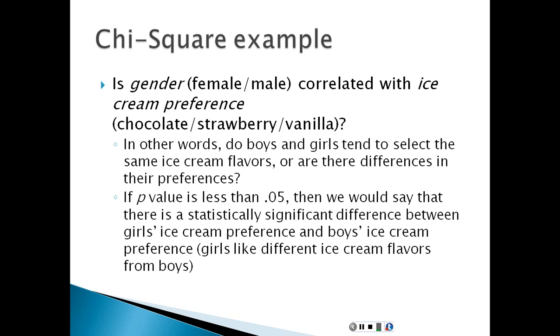So basically, each person can only give one answer to the question, or they can only contribute once to the data collection. There can be several questions that you're asking, but each person can only answer each question one time. What is your favorite ice cream preference? Chocolate. Only one answer. Or strawberry or vanilla, but only one.